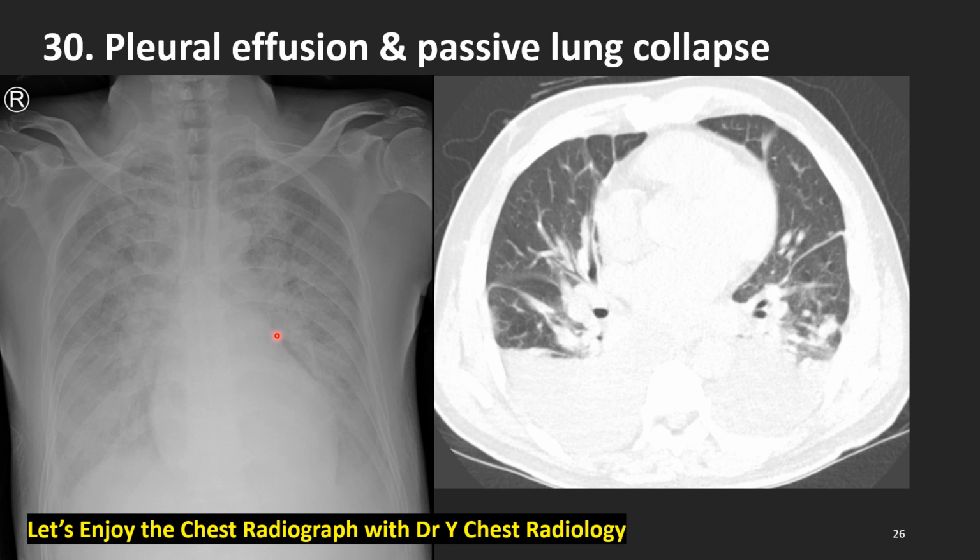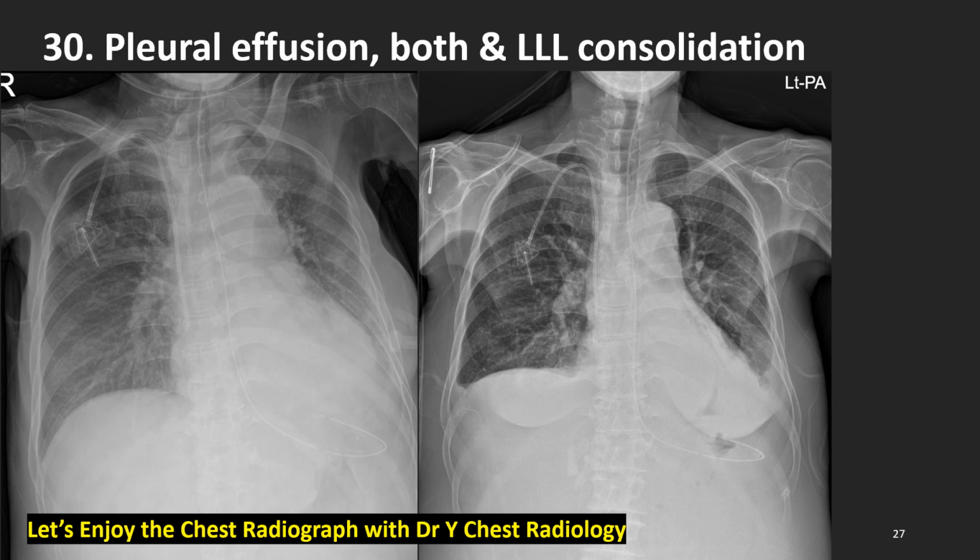If the heart border is okay, the lung seems to be normal. This is the point of this slide. Isn't this pleural effusion finding interesting? Let's review the last slide of pleural effusion.